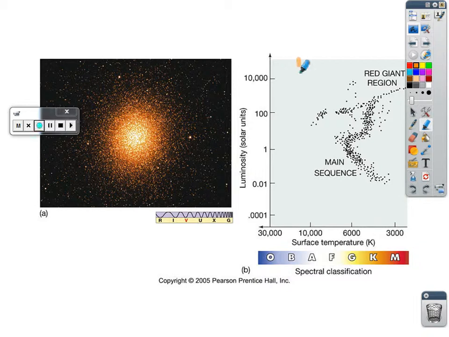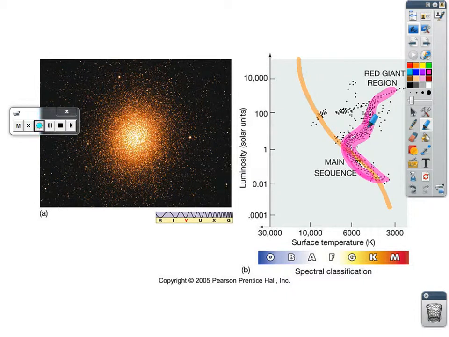The main sequence is there. We've got a few stars over here which are maybe just aberrations. They're not normal to this cluster. But the majority of stars end up in that shape there.